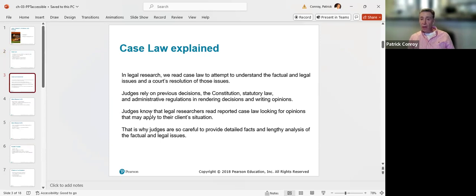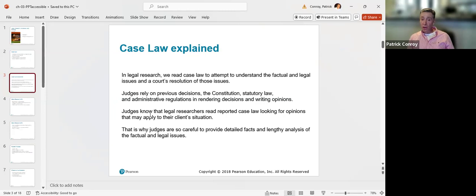In legal research, we read case law to attempt to understand the factual and legal issues and how the court has resolved those issues in the past, because it sets precedent. Judges rely on previous decisions, the Constitution, statutory laws, and administrative regulations in rendering decisions and writing opinions. When you're doing your research, you're going to be the one providing them examples that they should be looking at.